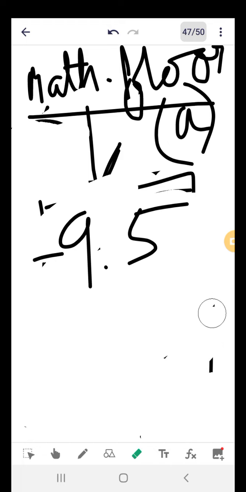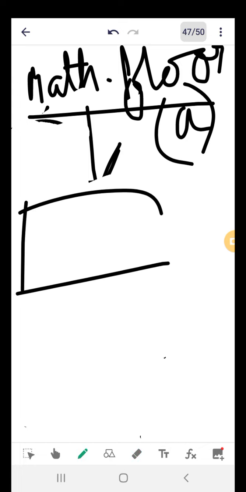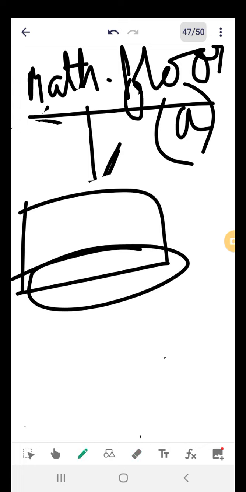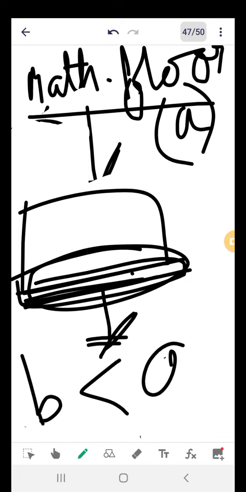So whatever is returned, floor, as I told you, is the lower part of a room, you can remember it like this. Whatever the answer will be, for example the answer is B, it will always be less than the argument.